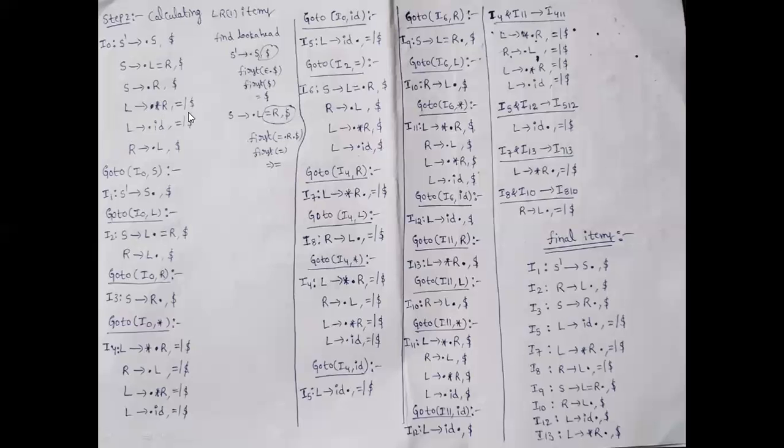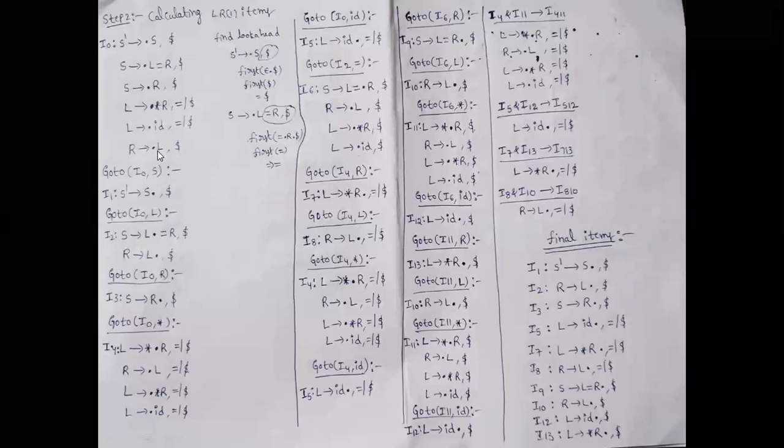So what about look ahead? So here we are considering this one. So after the dot we have capital L. So already we have included the L productions. No need to include the productions of capital L one more time. So the first of this one.